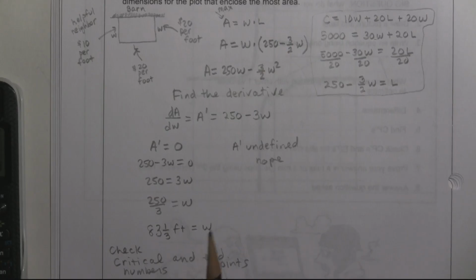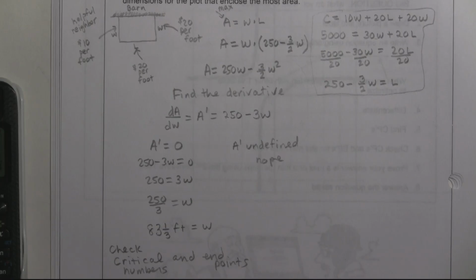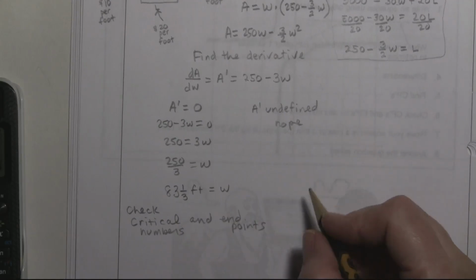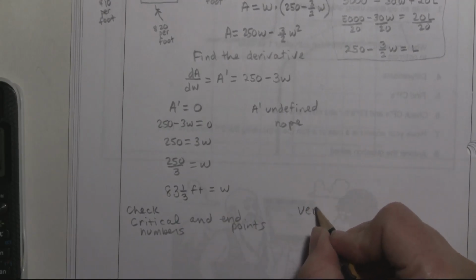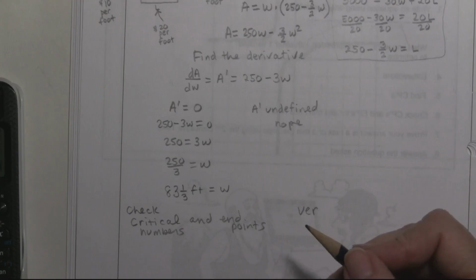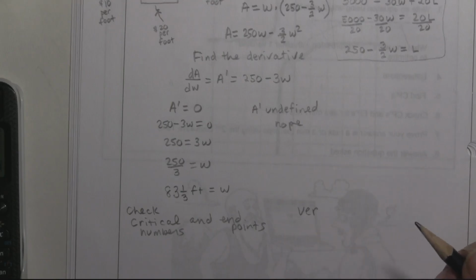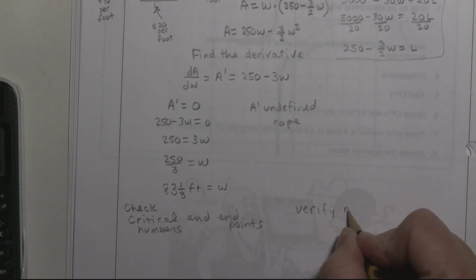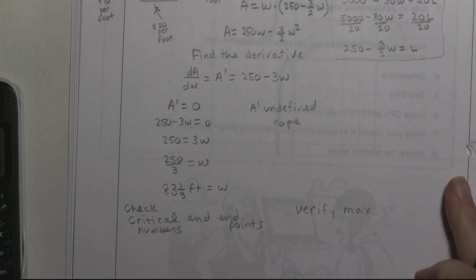So I only have this one critical number right here, and I'm hoping that that critical number creates a maximum. So I do like to verify that it's a maximum. And since I only have one critical number, I don't know, is that the max or the min?